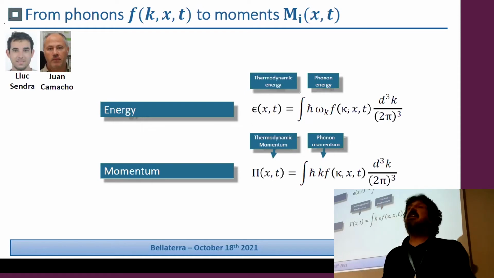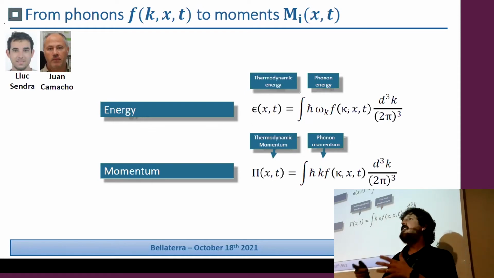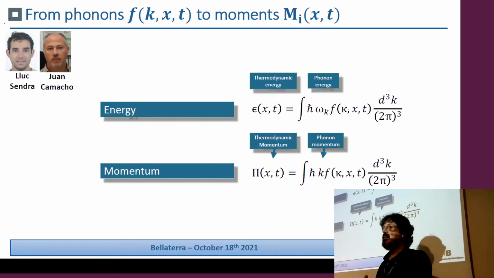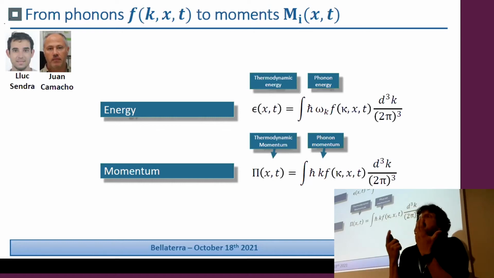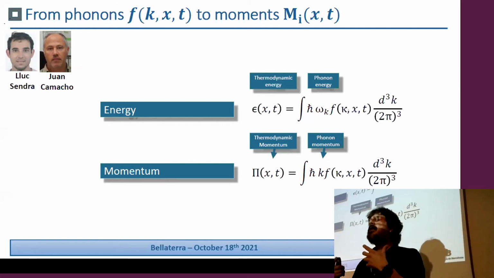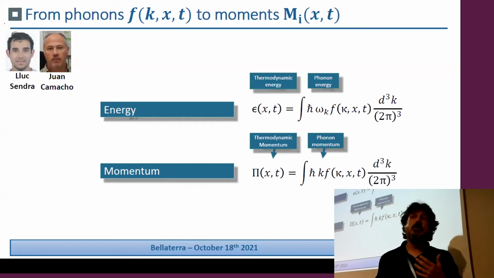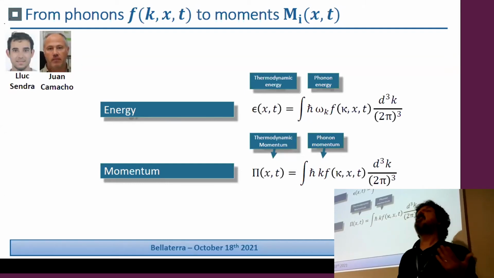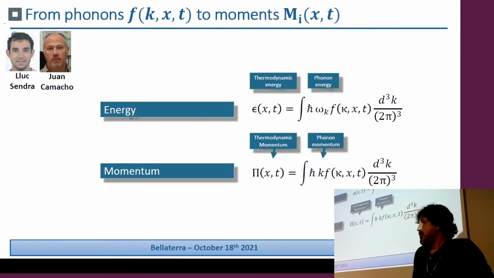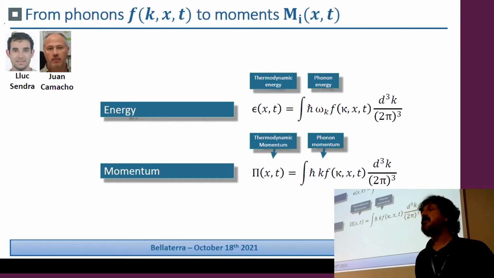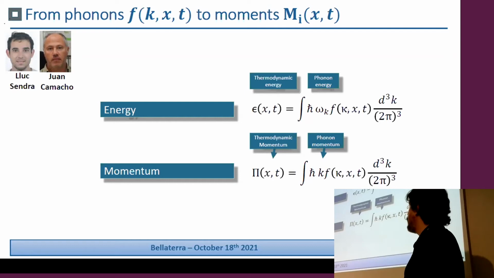And now let's see how you can obtain phonon hydrodynamics from the BTE if you are working with silicon, because in silicon normal scattering is not high. So you cannot apply the same result as in graphene. So you need something else from the BTE to justify that you are using the hydrodynamic equation.